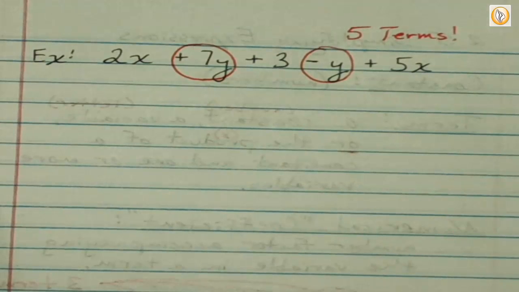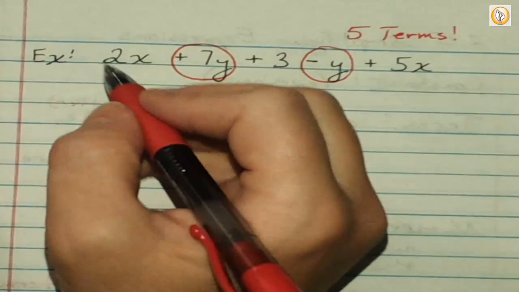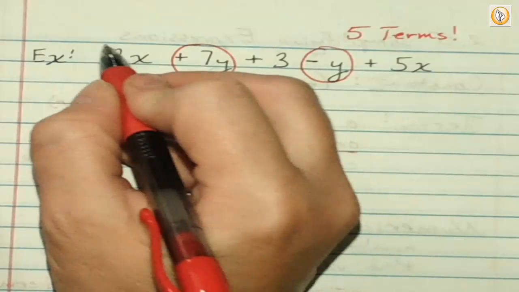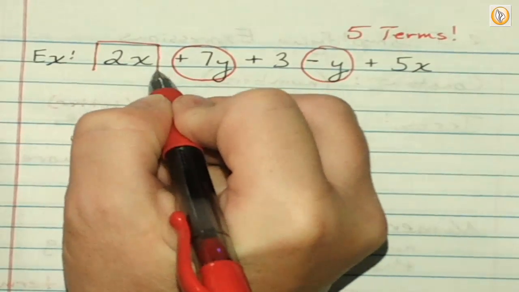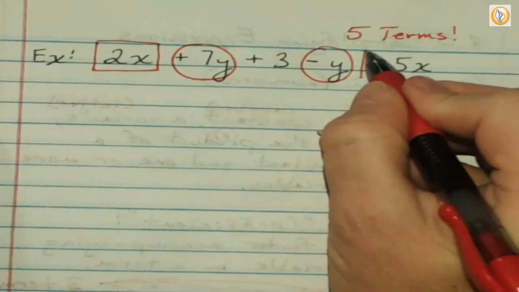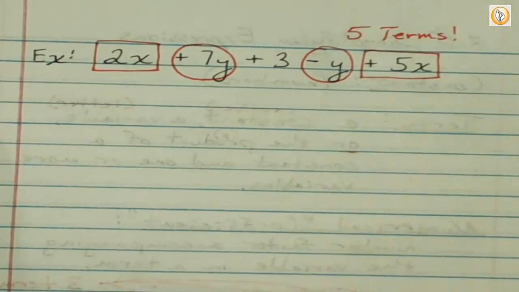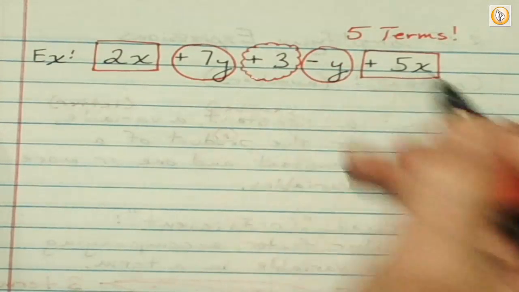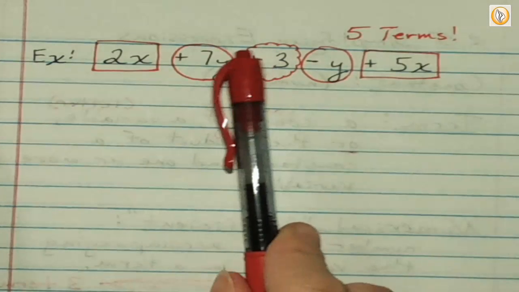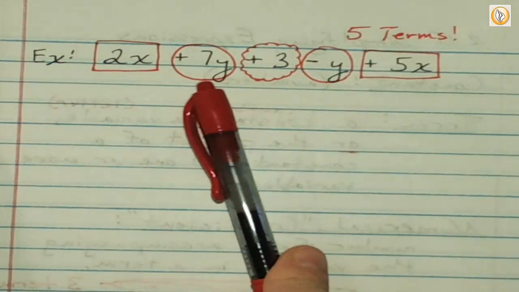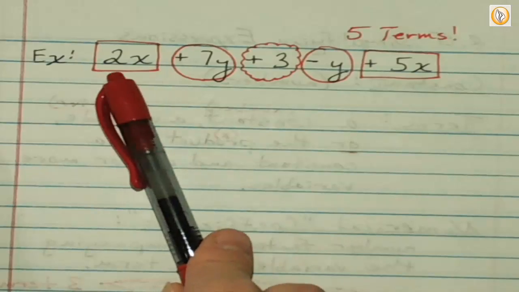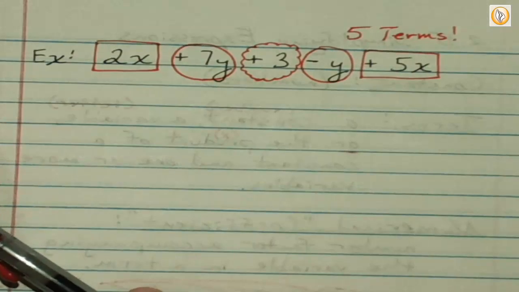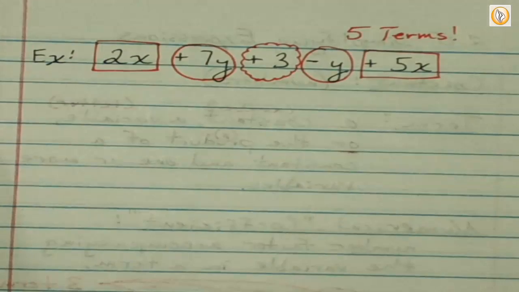You are too. And then 2x and 5x. I'm boxing those with the sign in front. And then 3 is on its own, so I'm doing a squiggly thing around it. The things that are circled can be combined, the things in a box can be combined, and that 3 is all by itself.